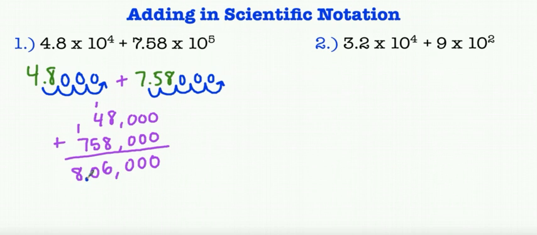So I know my decimal, I want it between the 8 and the 0, because now I have a value between 1 and 9. And I know my exponent is going to be 5 because there's 5 spaces away from the decimal to the end of our number.